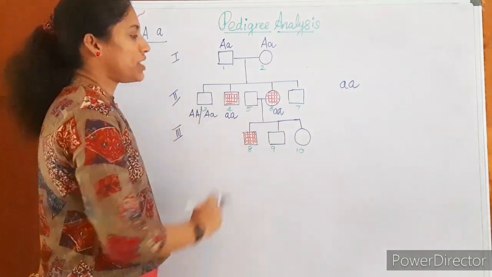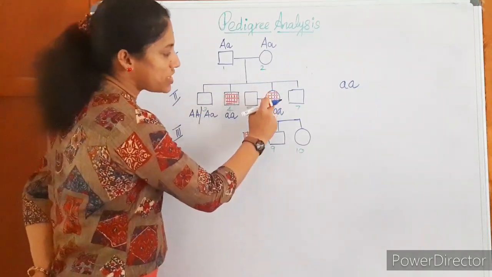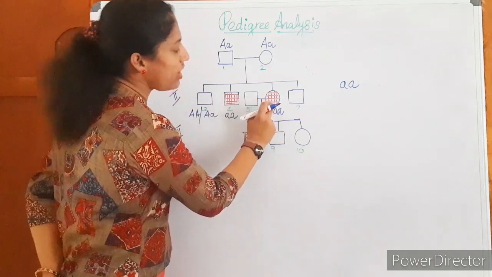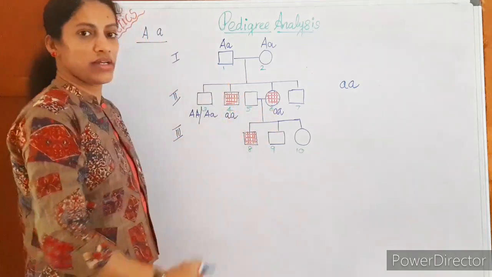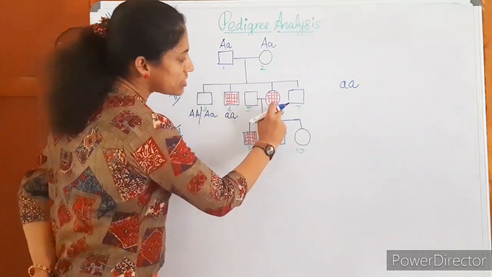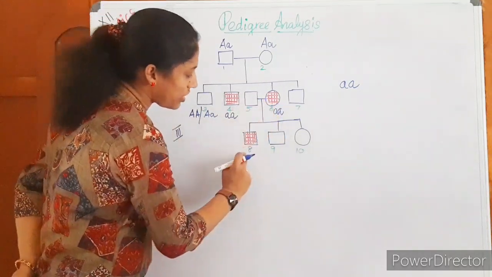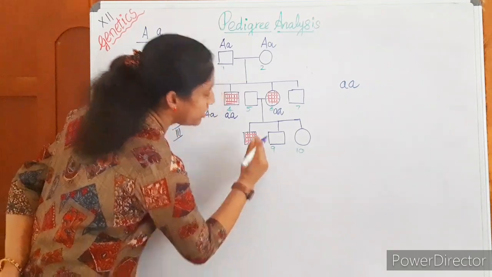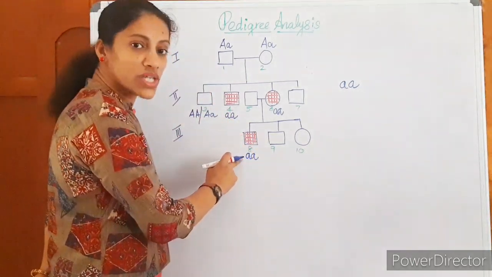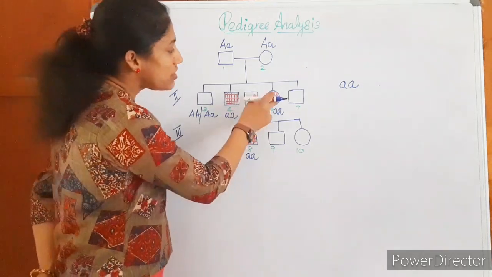The next is, what about the fifth one? This member is an outsider. This female from this family has married this male, an outsider, the fifth one. This outsider with this female is giving another diseased child. Is it not? Here there is a diseased child for this couple.